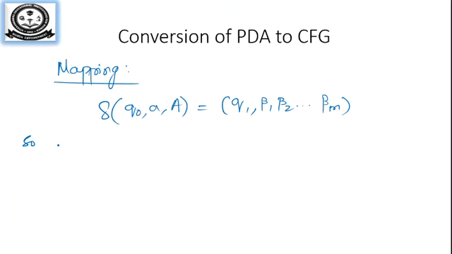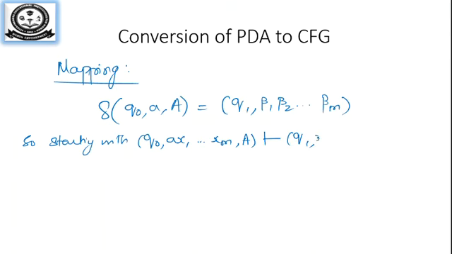So starting with (q0, a x1 up to xm), then on a, it can derive to (q1, x1 to xm, beta 1 to beta m).